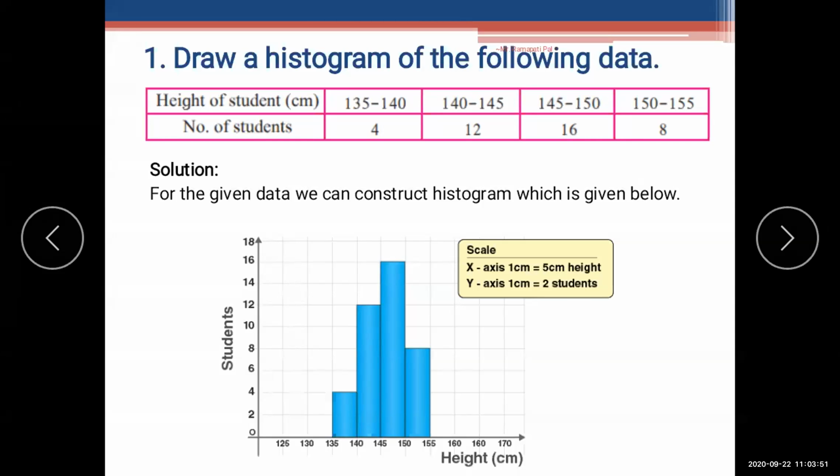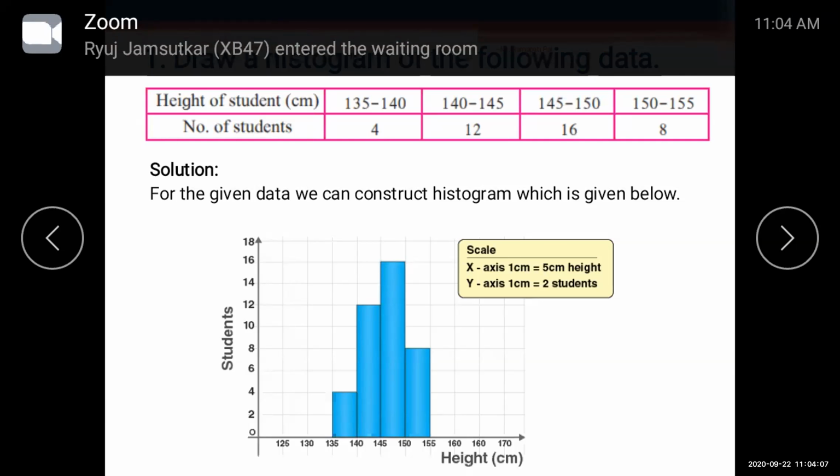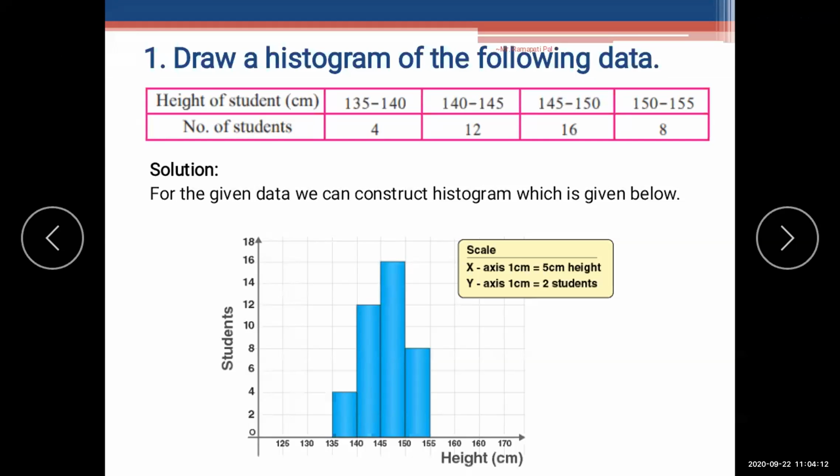Okay. So draw a histogram of the following data. Correct? For the given data, we can construct the histogram given below. You can see the histogram. Now if you see here properly, I have not shown the crink mark. On the x-axis you can see the class, and on the y-axis frequency.